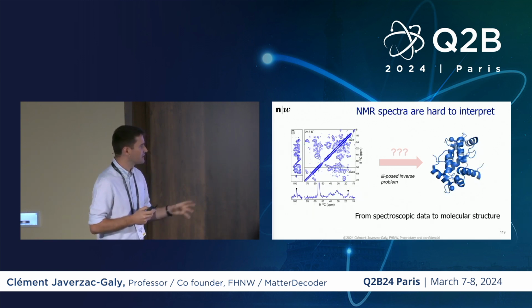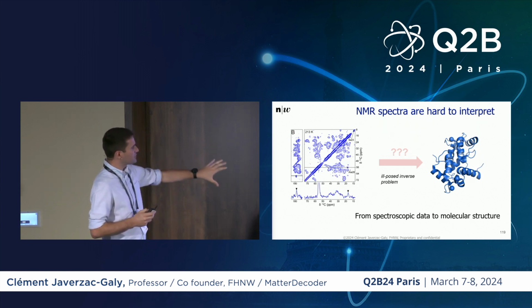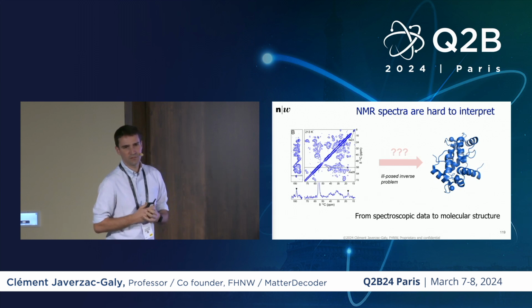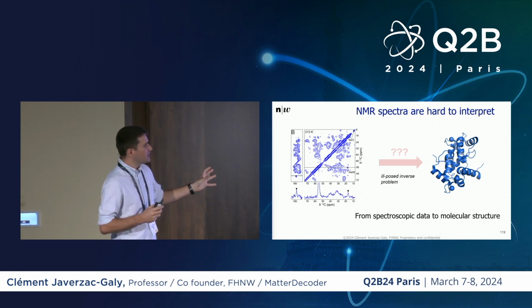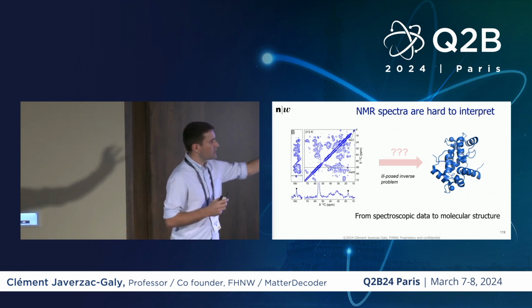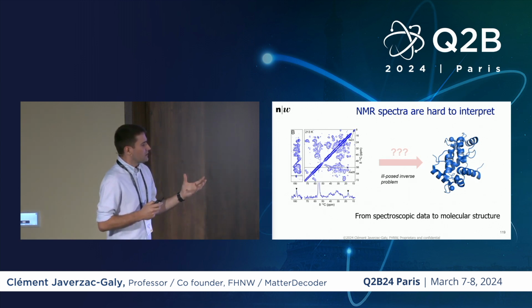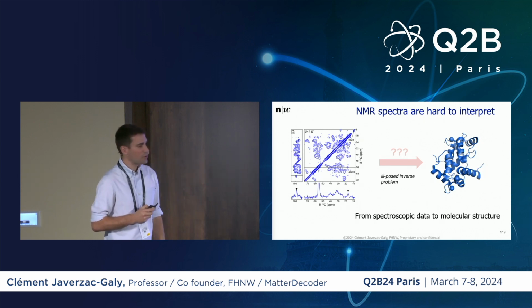The reason is that getting from spectra, this is now a 2D spectrum and there is a full range of different types of spectra, is an ill-posed inverse problem to get back to the structure.